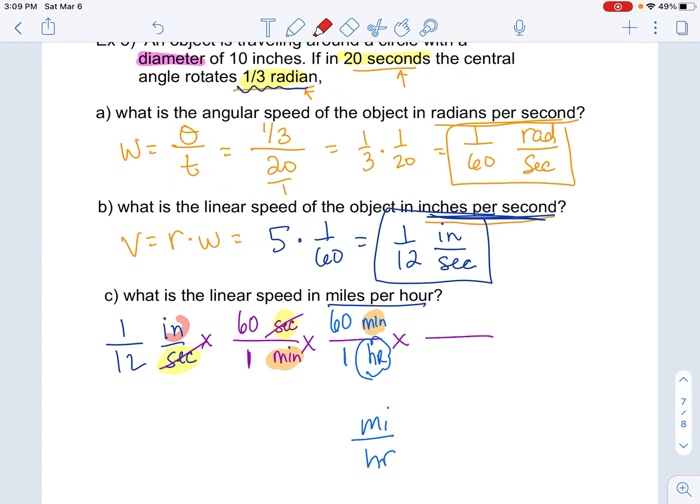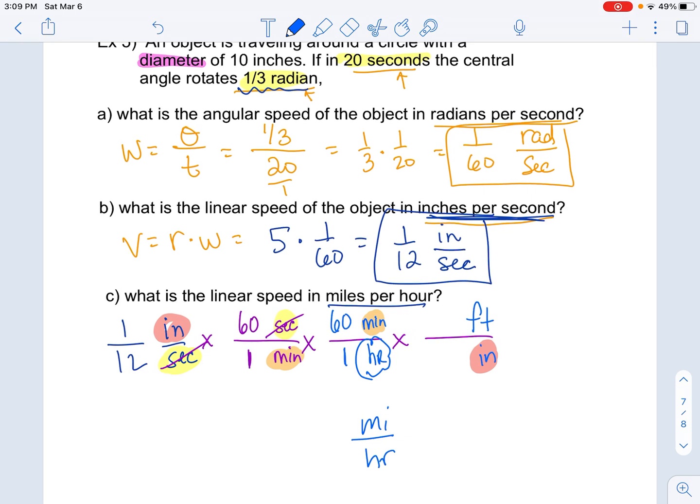I want my final answer to have hours in the bottom and miles up top. So let's go back to our distance. I have inches, so I need to put inches down in the bottom. And I know I can easily switch inches into feet. And I know that 1 foot is 12 inches. So now I've got feet over hours, but I got to go one step further. And I know this takes a little while.